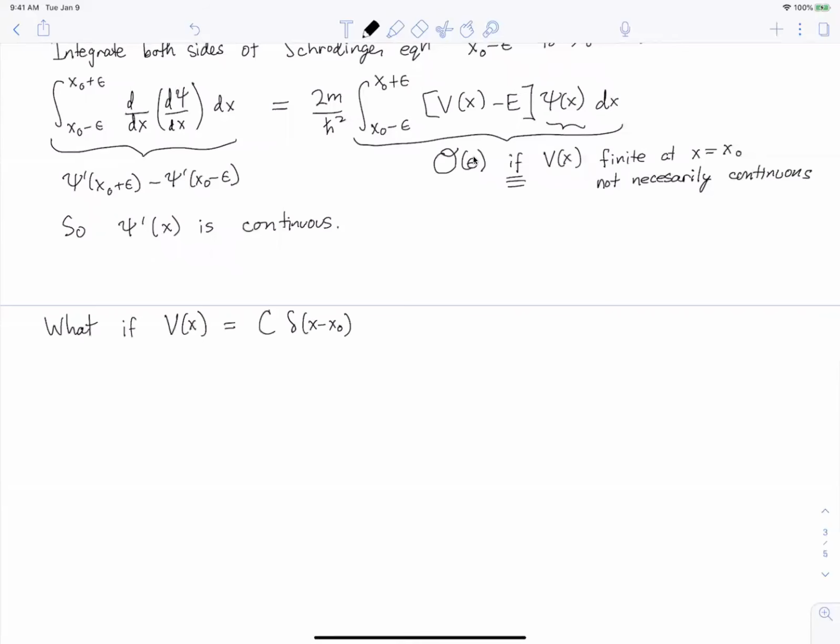So here we're assuming that it's got a delta function at the point x0 that we're worried about. And then maybe it's also got a finite part that's not going to be very important for us. What's really important is the fact that it's trying to blow up.